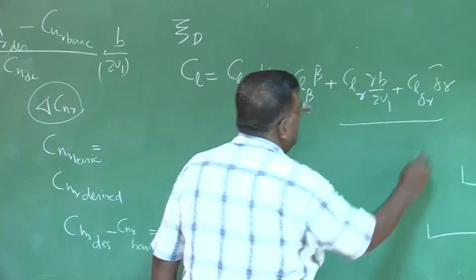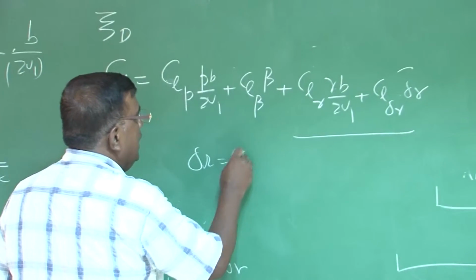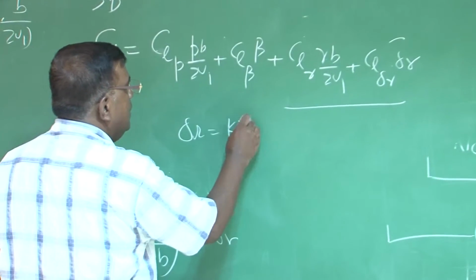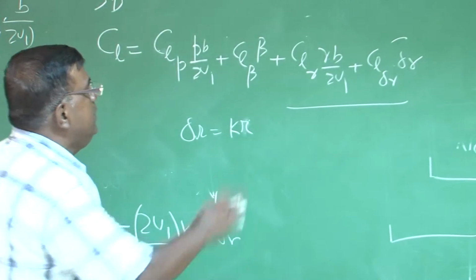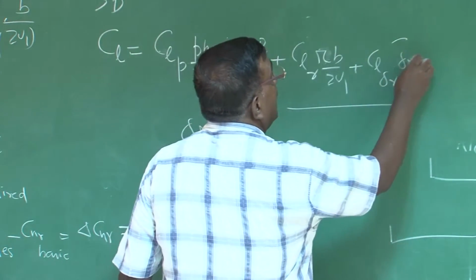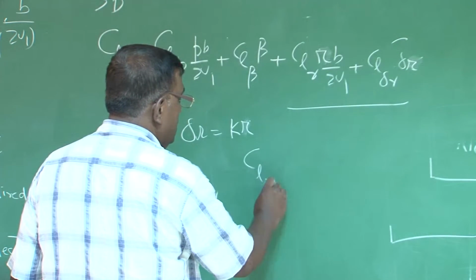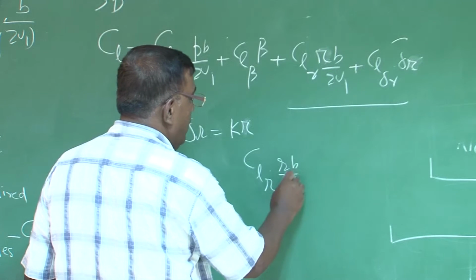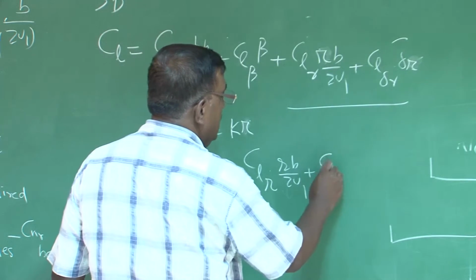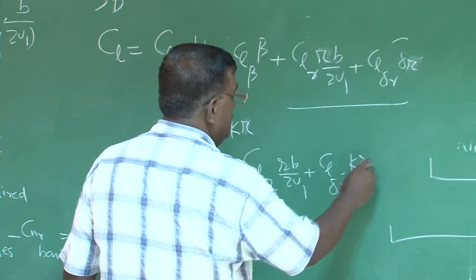Now check here, what is happening? We are putting delta R equal to KR, this R, the same thing, same notation, don't get confused, this is R and this is R, okay? So then check out here, it is CLR into Rb by 2u1 plus CL delta R into, for delta R you write KR. So effectively what is happening?